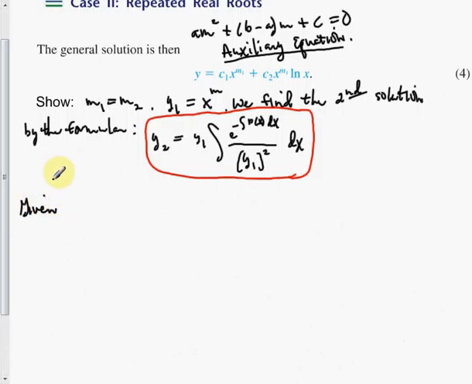Given ax squared times y double prime plus bx times y prime plus c times y is equal to 0. Now my question is, what is p of x?